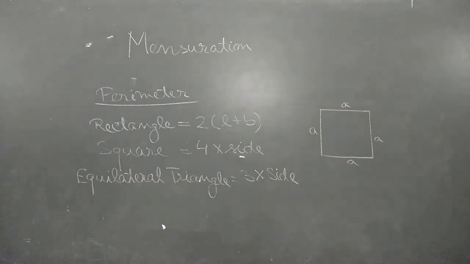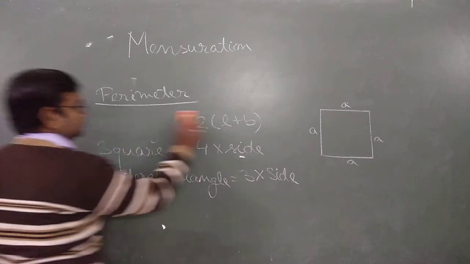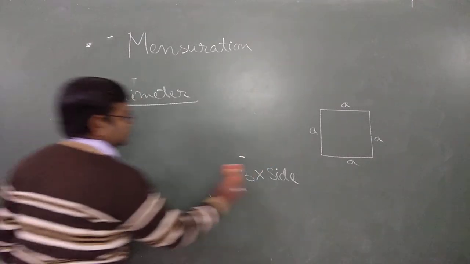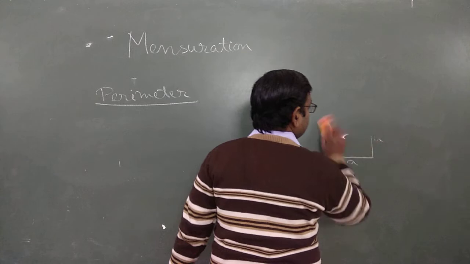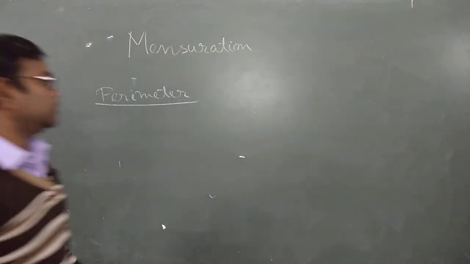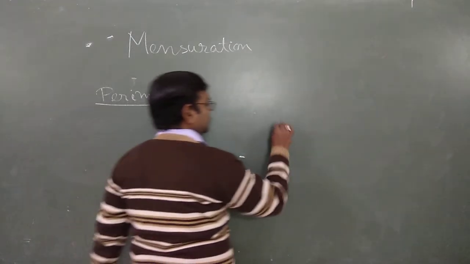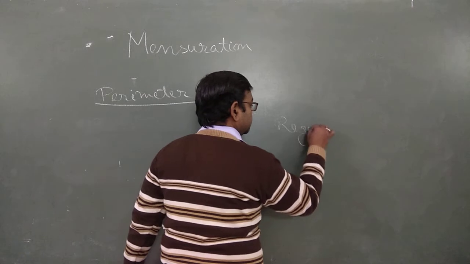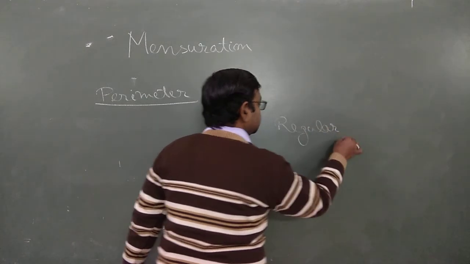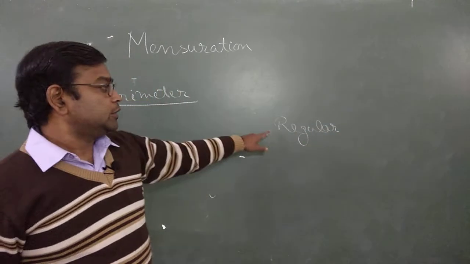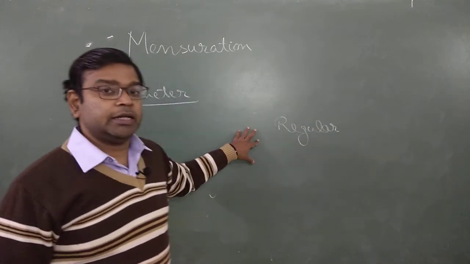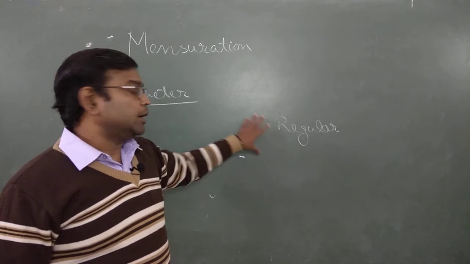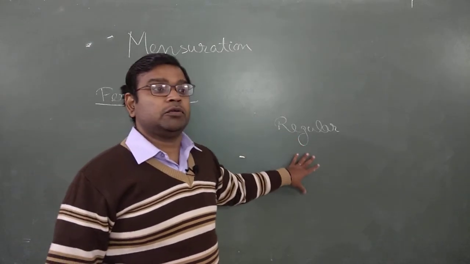Then there are some more polygons. Before we discuss more, there is a word named regular. In mathematics, this signifies that all sides have equal length.